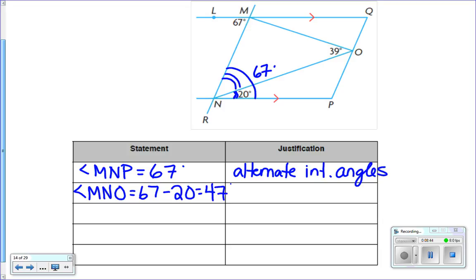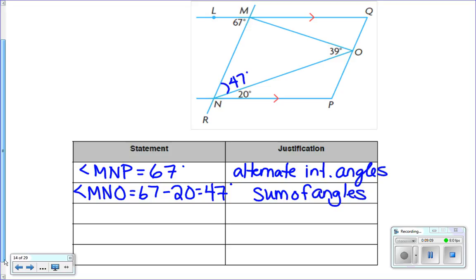Now that's going to give us 47 degrees. Now, what would be the justification for that? Well, we know that 20 plus 47 must equal 67, so we can just call that the sum of the angles. The angles must equal 67.